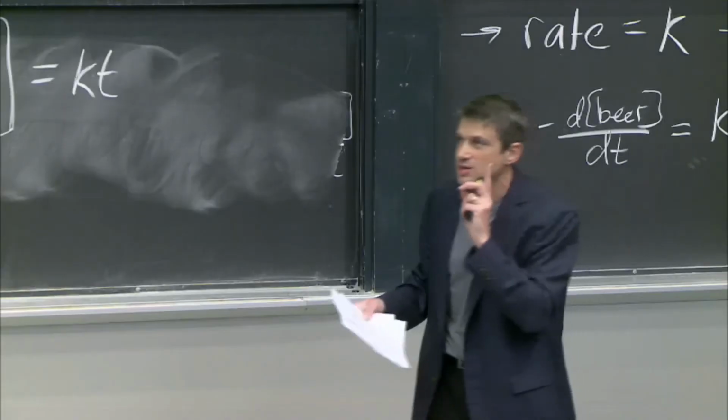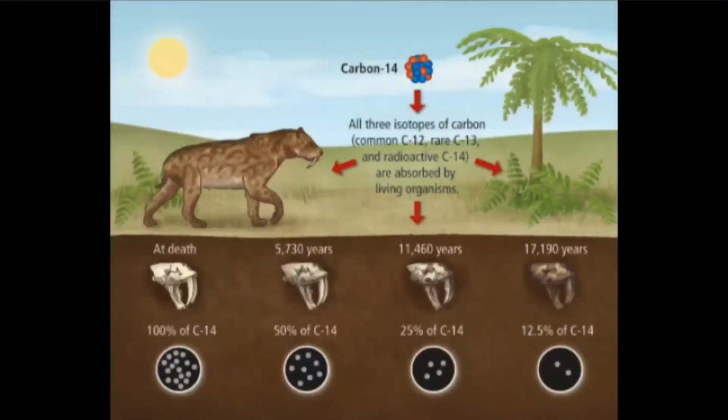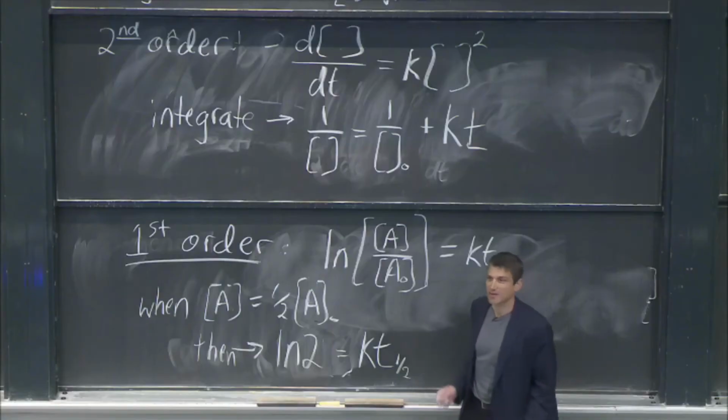But it's okay, it still is a first order process. The radioactive decay of C14 is a first order process. And because of that, we can date things using carbon dating very accurately. So this is a really awesome tool that relies simply on knowing the half-life.